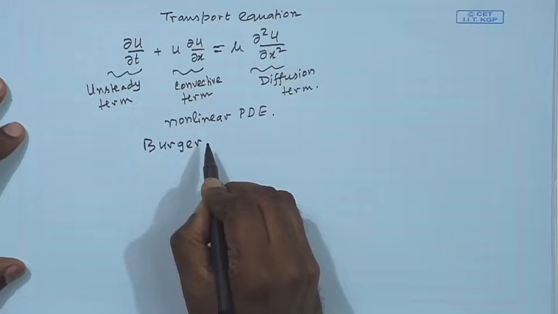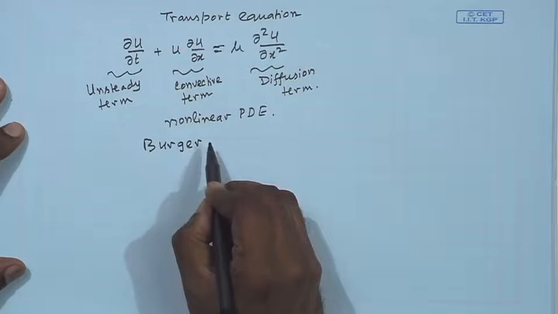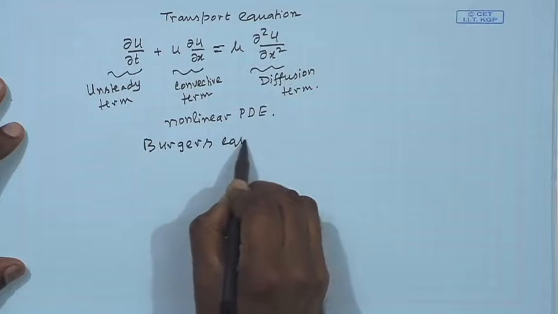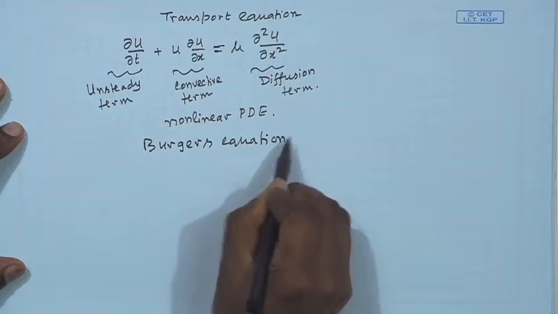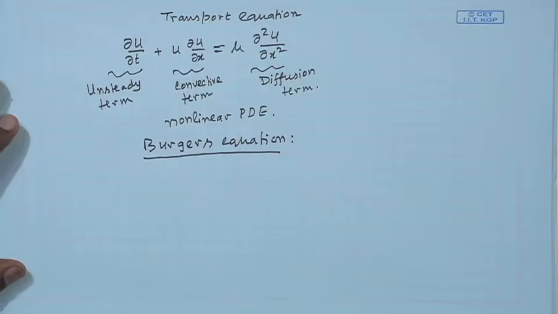Now, this Burgers equation is very famous because it has the property of many fluid transport problems, like this is modeled as a boundary layer situation. The momentum equation under the boundary layer approximation can be reduced to this form. That is why any numerical method can be validated by comparing with the Burgers equation.